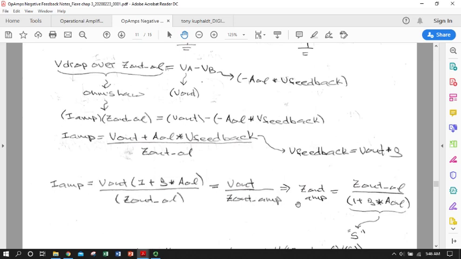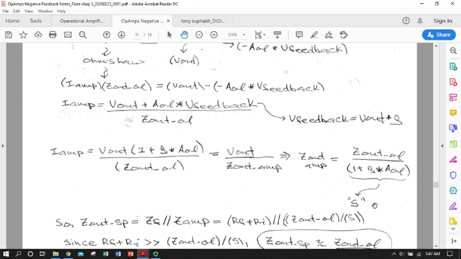So we can rearrange again and say, if that's the case, then all of this stuff is 1 over Z out amplifier. So if I just flip this, invert it, take 1 over, I have Z out amplifier, which is Z out open loop over that sacrifice factor.